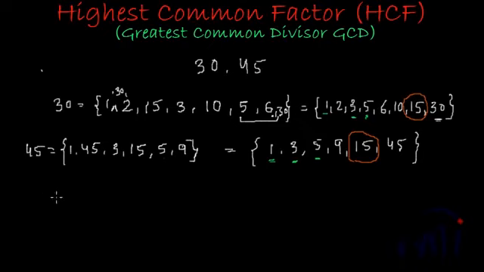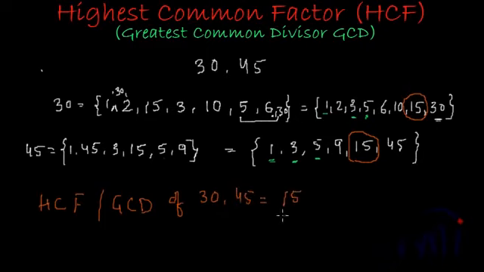So 15 will be the HCF or highest common factor, or some people call it greatest common divisor, that is GCD, of 30 and 45 is equal to 15, right? This is the result, and this is just the definition of the highest common factor.